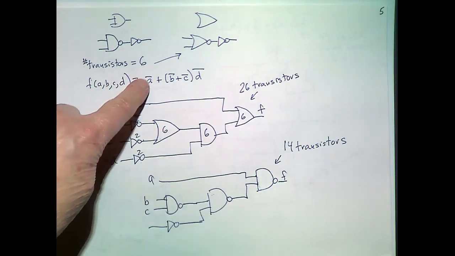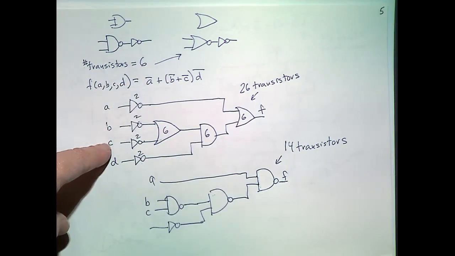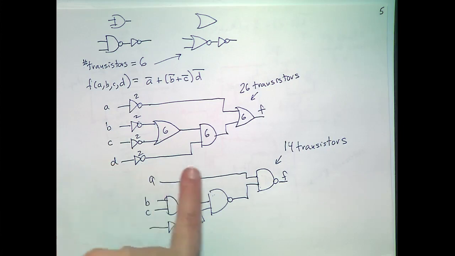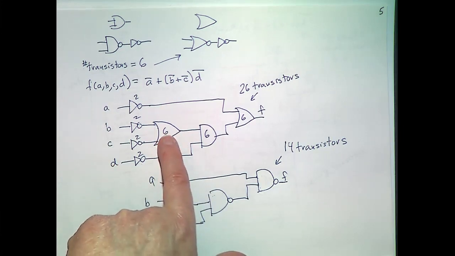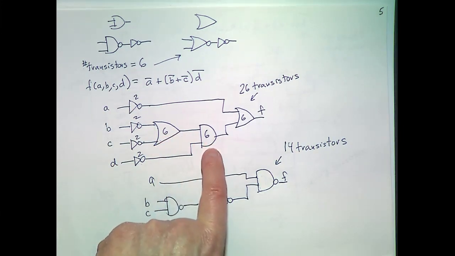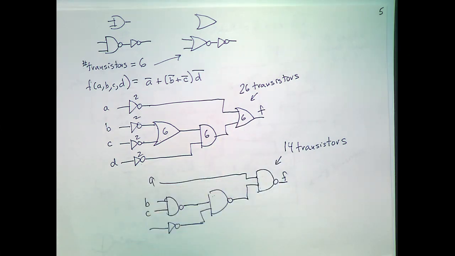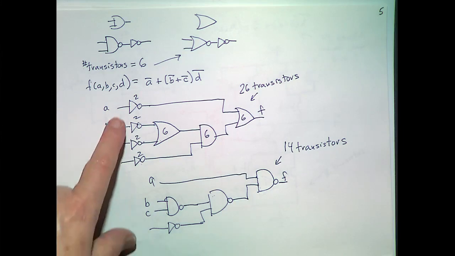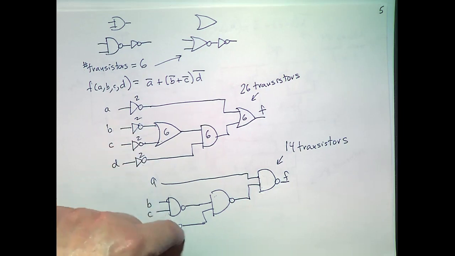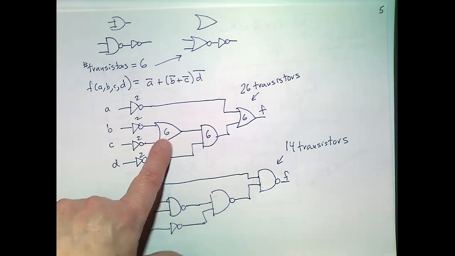You would have complemented A, B, C, and D. Then you would have ORed B naught and C naught, ANDed that with D naught, and then ORed it with A naught. That's the direct correspondence to that expression, right? But then we could, in fact, slide those bubbles around. And if we slide those bubbles around, this will become a NAND gate.